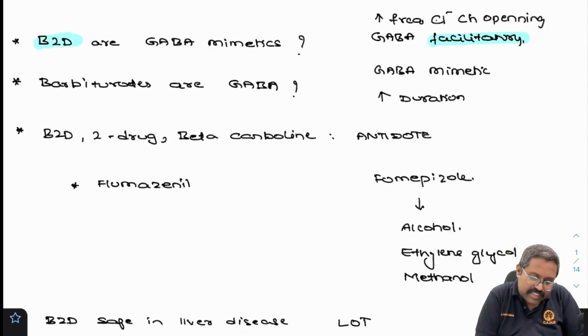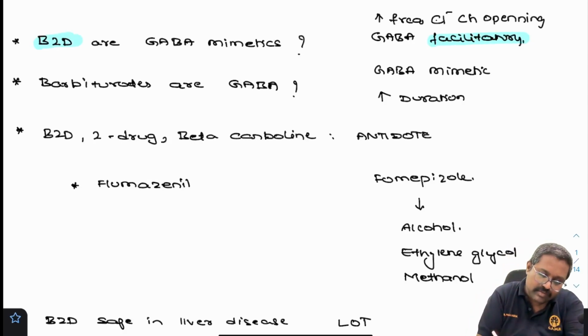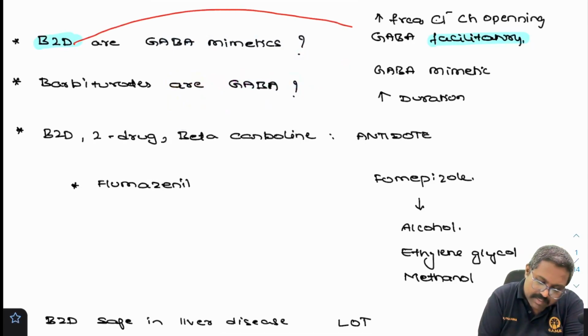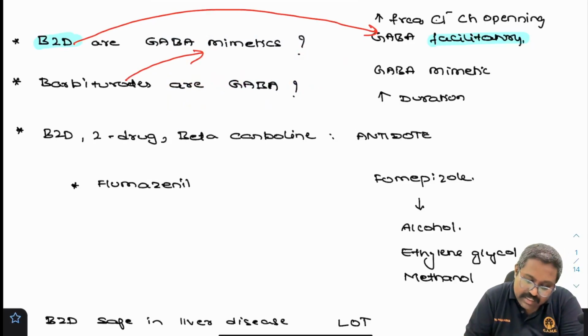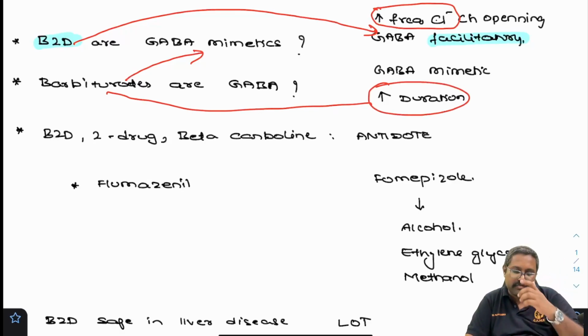So what you can remember is benzodiazepines are GABA facilitatory, barbiturates are GABA mimetic in action. So basically the benzodiazepines are going to increase the frequency of chloride channel opening, whereas the barbiturates are going to increase the duration of opening.